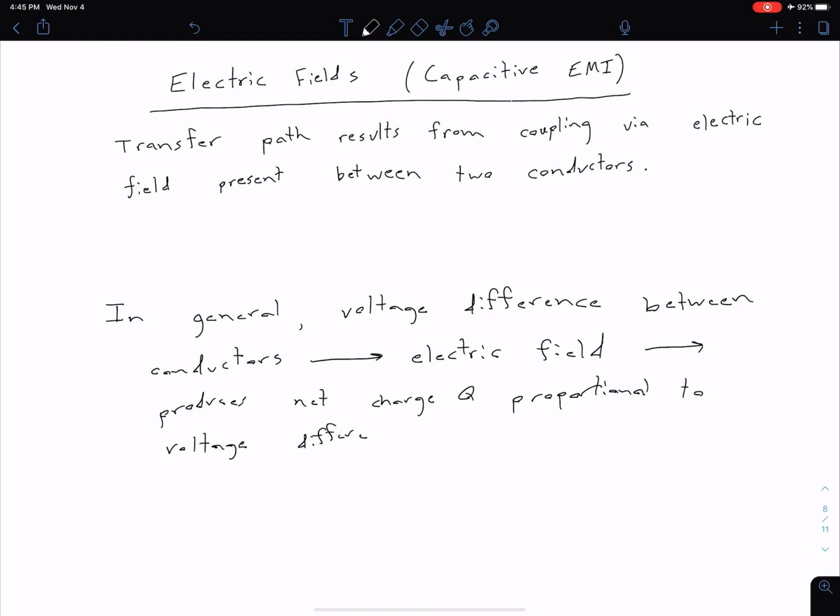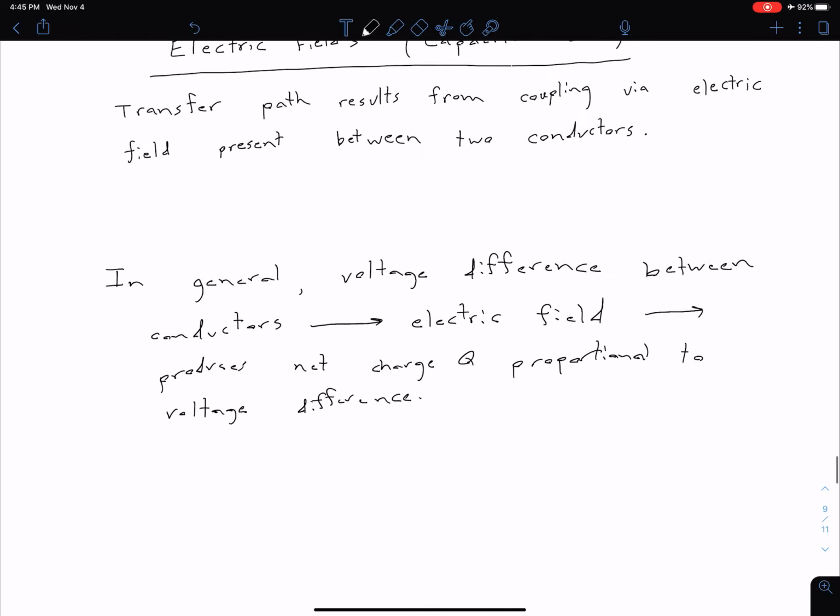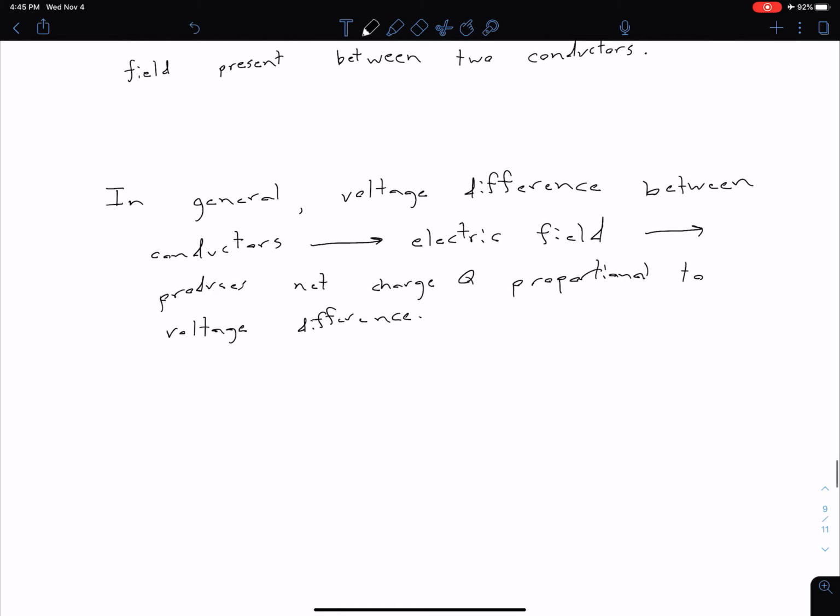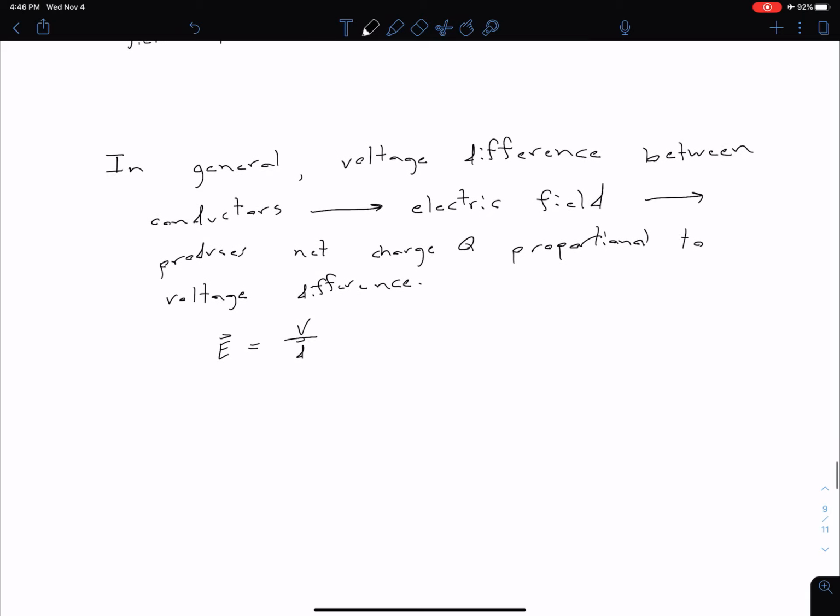And of course, we could talk about, simplistically, the case for a uniform electric field, where our electric field, represented by E with an arrow on top because it's a vector, is equal to our voltage divided by our distance vector. So the magnitude of our electric field is based on the magnitude of our voltage, and it's inversely proportional to the distance between the two conductors.